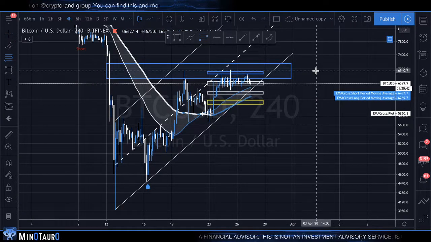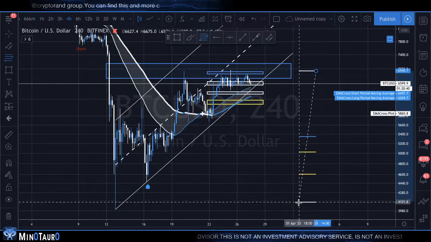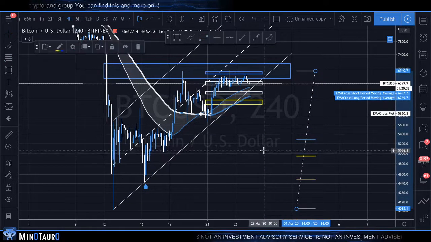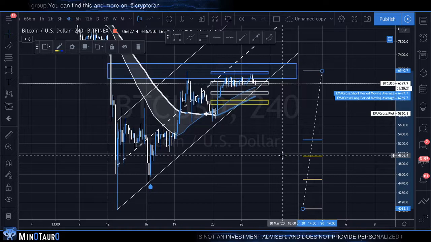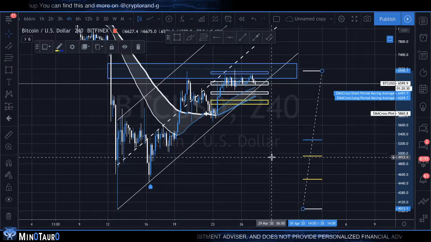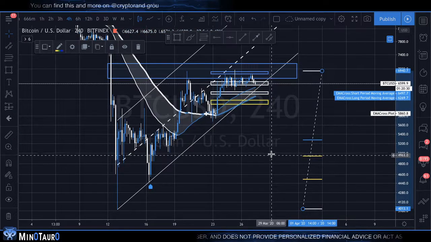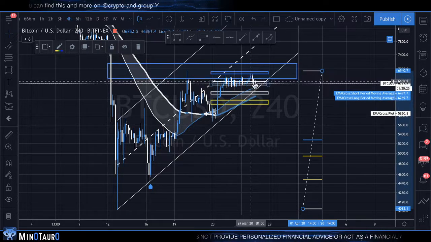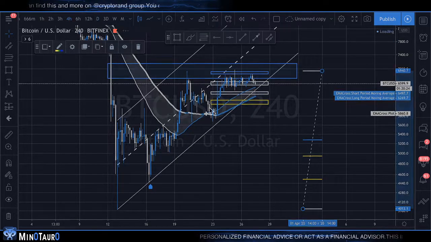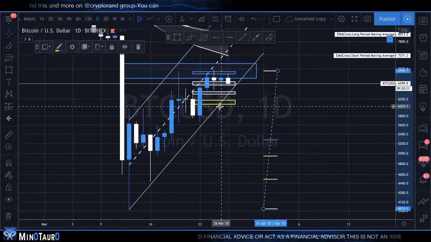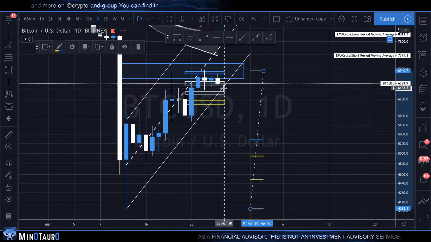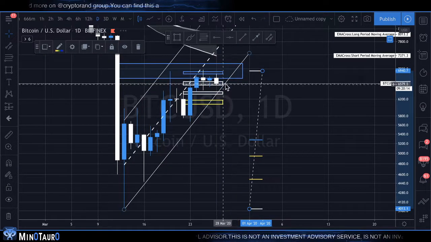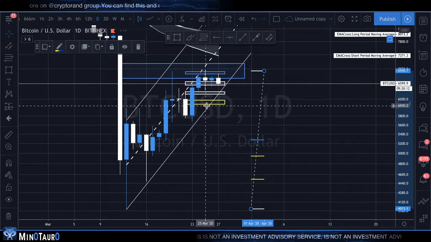Imagine this as a top. This is your top, and this is the bottom. Okay, with the golden pocket here are 4,900. Okay, now going here till here will be the volatility, because you closed the daily again under the border.